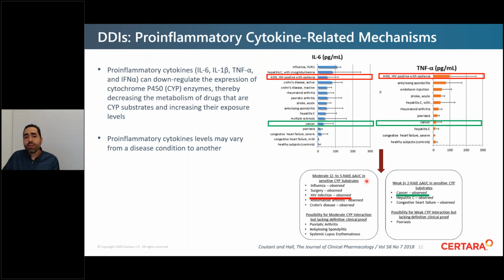However, in the case of cancer, where the cytokine levels are lower than what we can observe for other diseases, the impact on the CYP-sensitive substrate was considered as low or weak. This was lower than a 2-fold impact on the AUC.